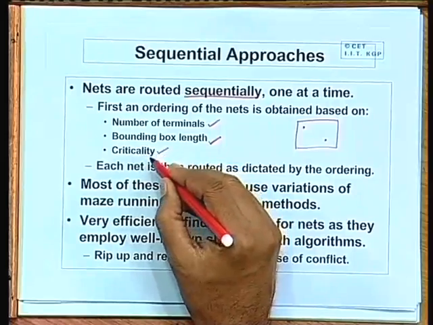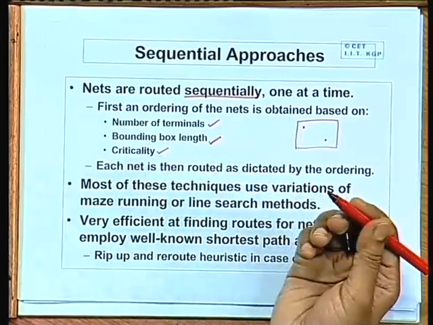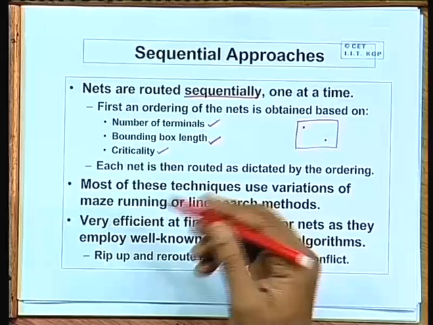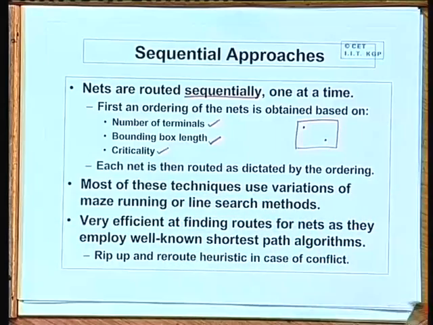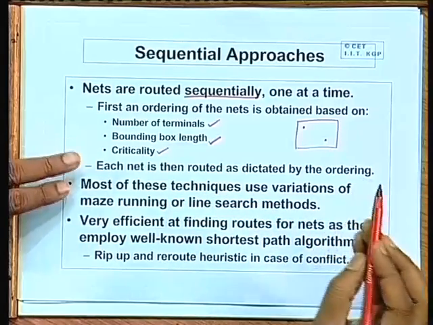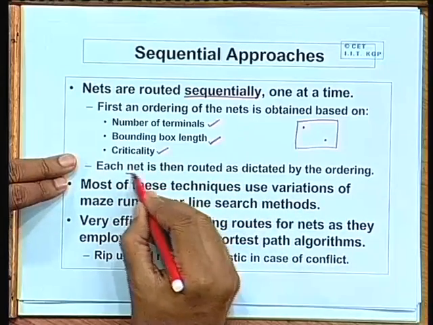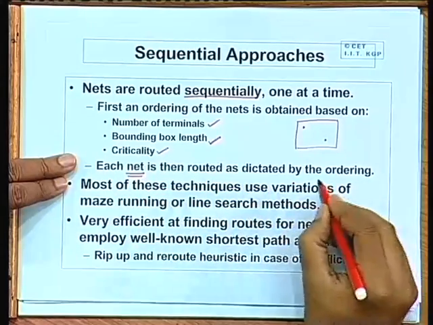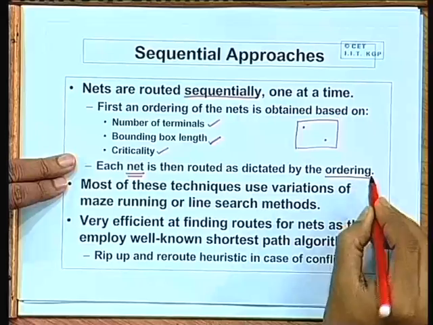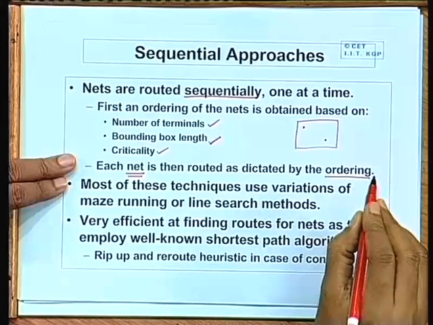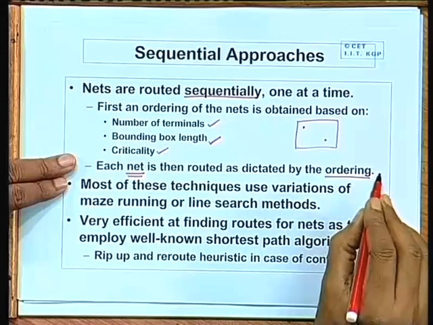So, if the bounding box is bigger, give it higher priority. And of course, some nets are critical. So, the critical nets can be given priority. First route the critical nets using the best paths, then use the other nets. Once you find out this kind of ordering, then the nets are routed based on that ordering. Routed means I am basically talking about global routing for the time being.